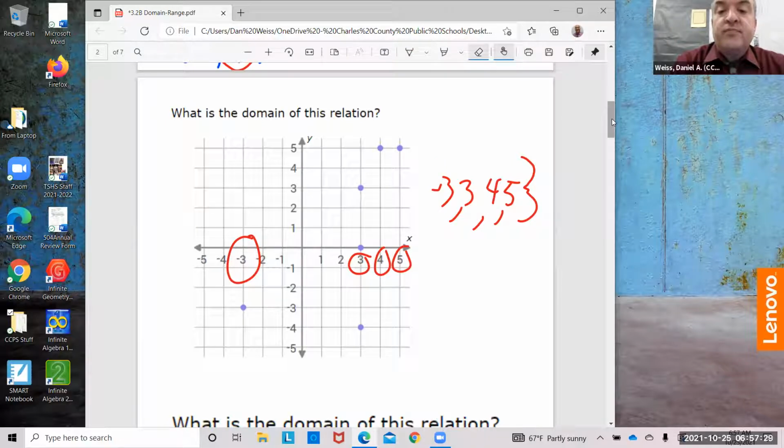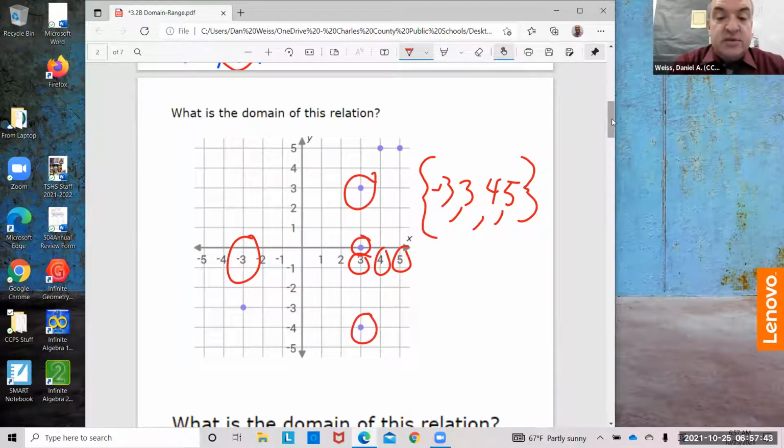That's the domain. What are the x values? Done. You don't need to tell me +3 3 times. Just write it once. That's the domain.